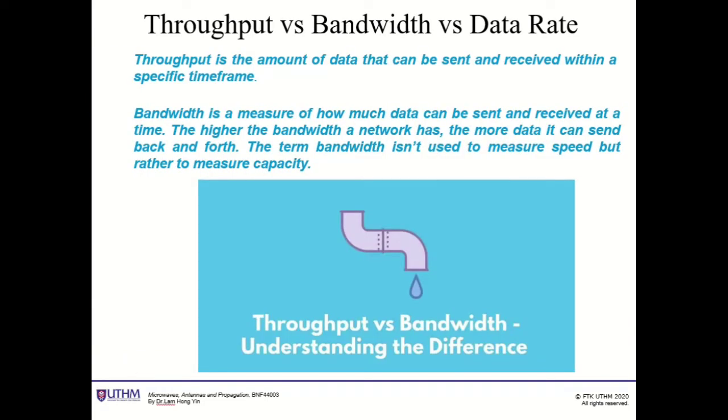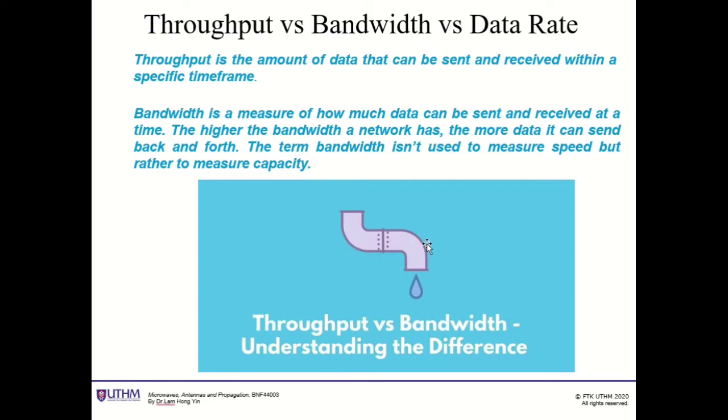So let's look at the relationship between throughput, bandwidth and also data rate. Throughput is the amount of data that can be sent and received within a specific time rate. However, bandwidth is a measure of how much data can be sent and received at a time.